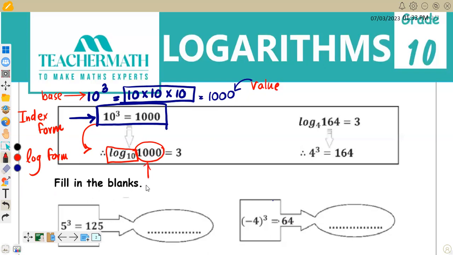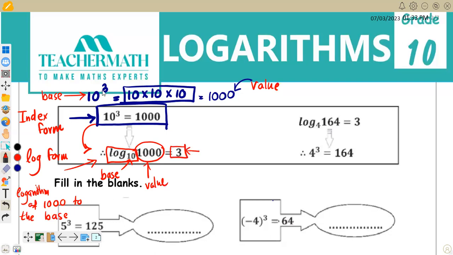This is value. This is base. And we read this one as logarithm of 1000 to the base 10. Logarithm of 1000 to the base 10 is equal to 3.